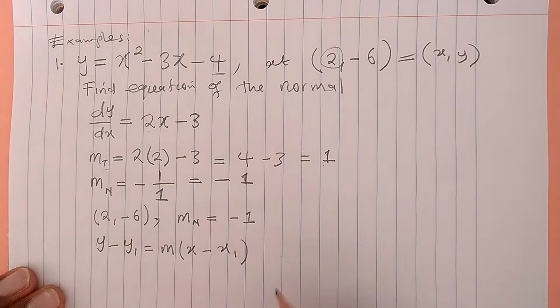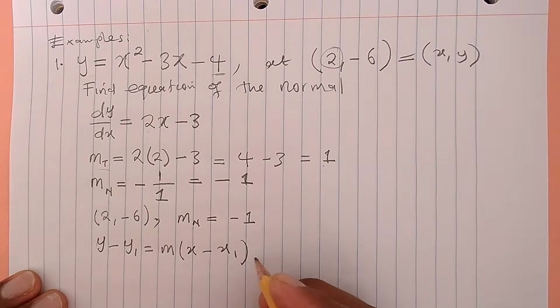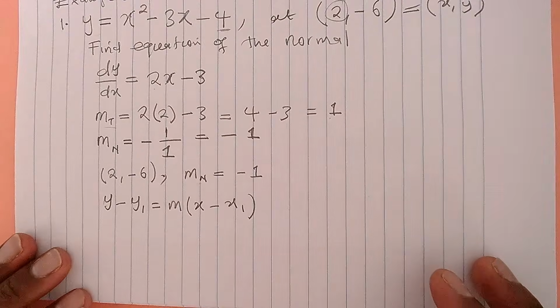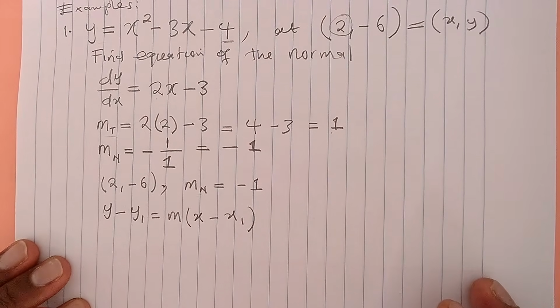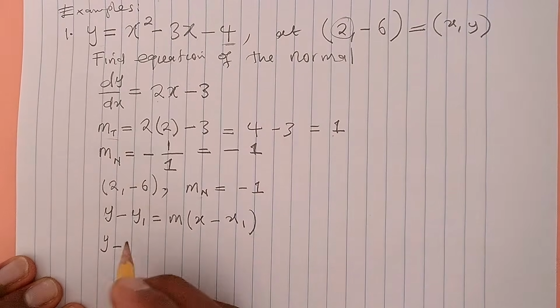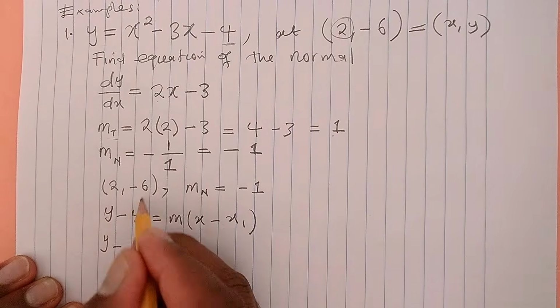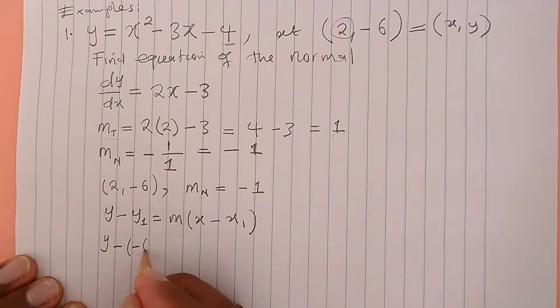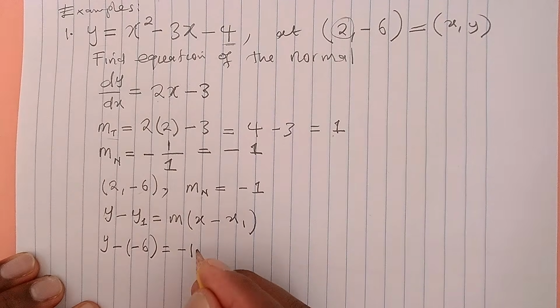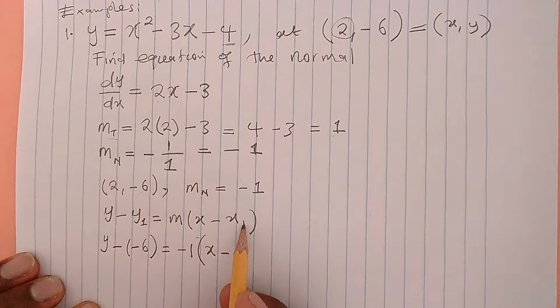This means y minus, where there is y1, I put -6 because -6 is the y coordinate, is equal to m, which is -1, times x minus x1, where x1 is 2.